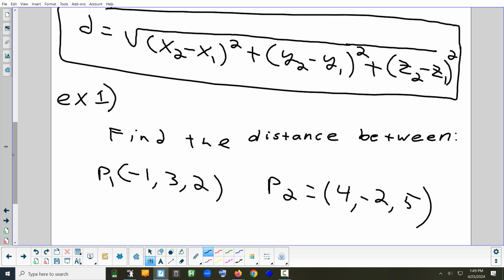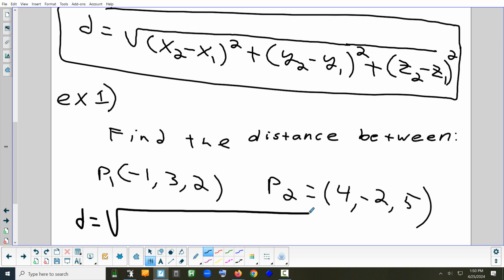When you're finding the distance, what's the first thing that you usually want to write down? D equals a giant square root. Yeah, we want to make sure we put down that giant square root so we don't forget the whole thing is going to be a square root.